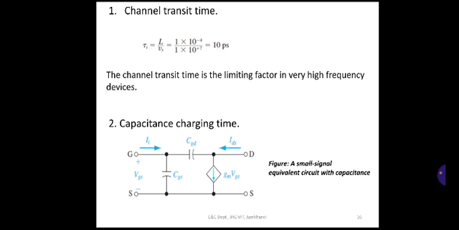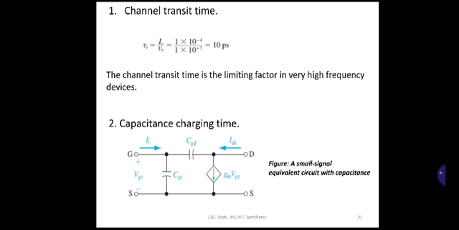This figure is a simplified equivalent circuit in which the primary capacitance and the diffusion resistances are ignored. Here the output will be the short circuit current.